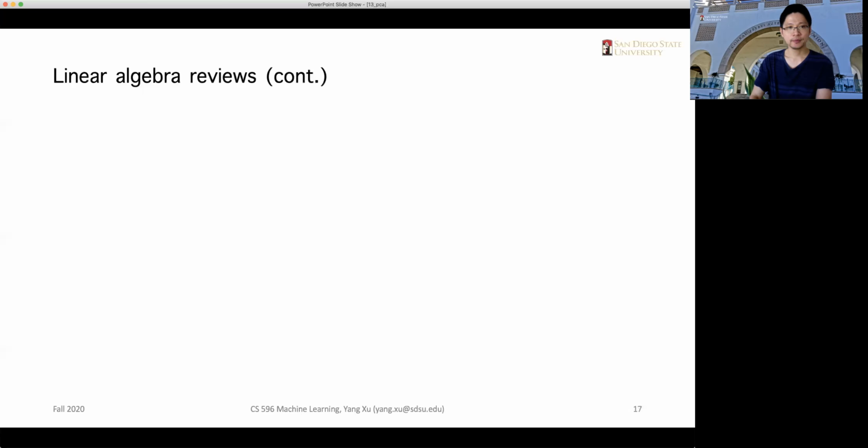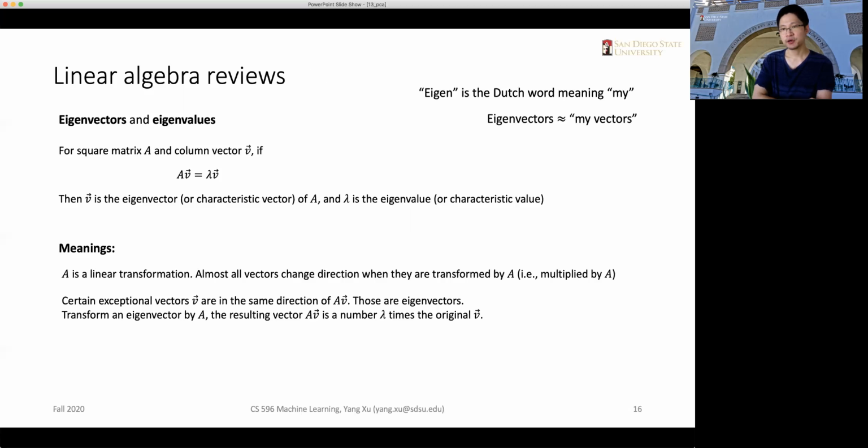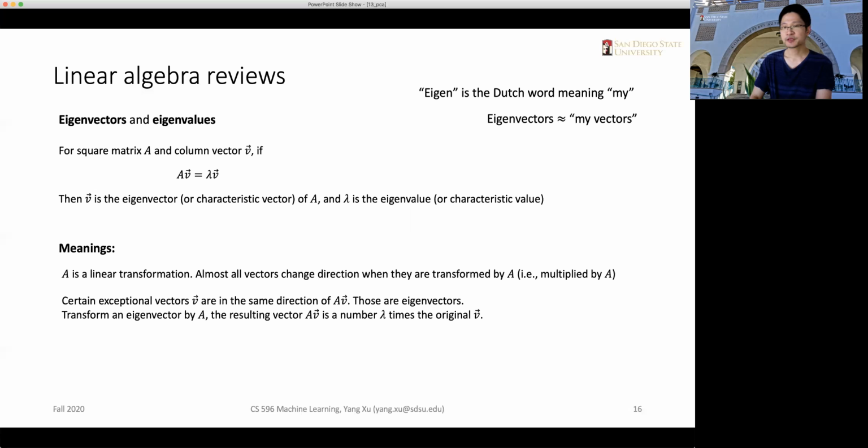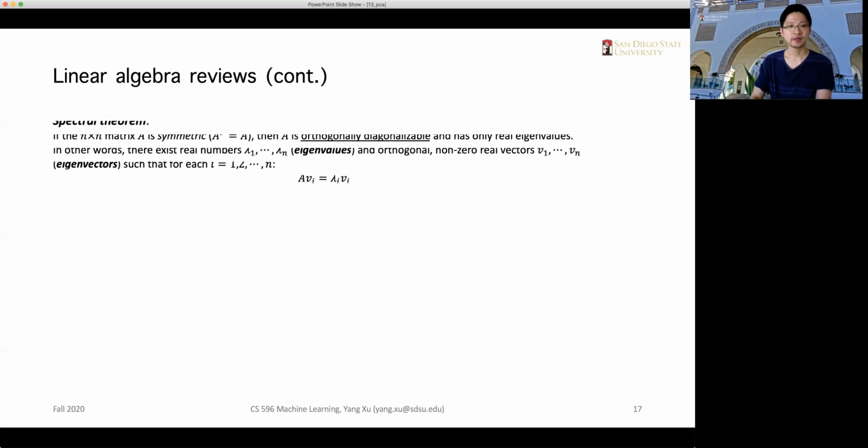So let's see how eigenvectors can be solved. Well, let's first look at some properties of the eigenvectors and eigenvalues.